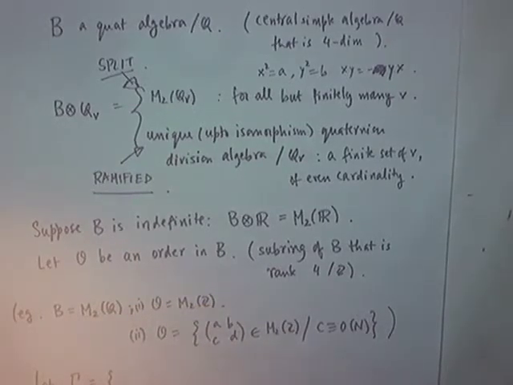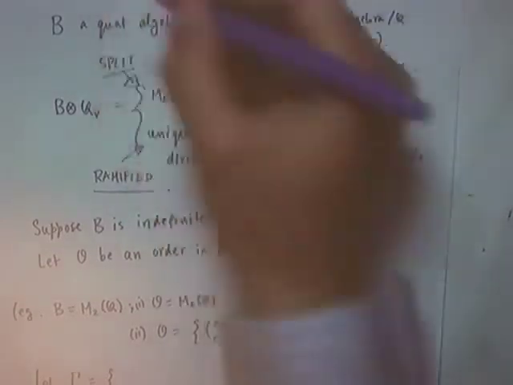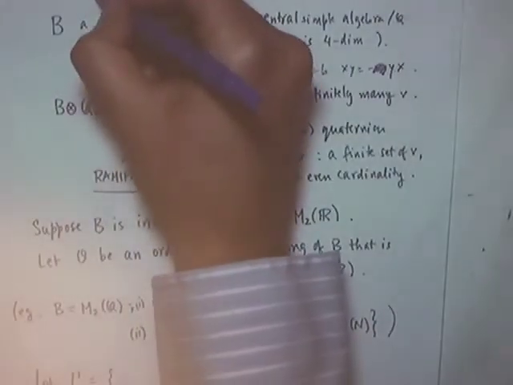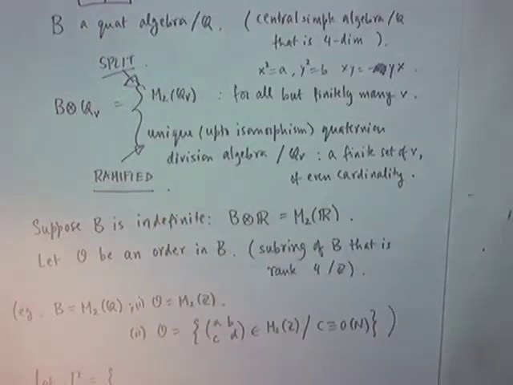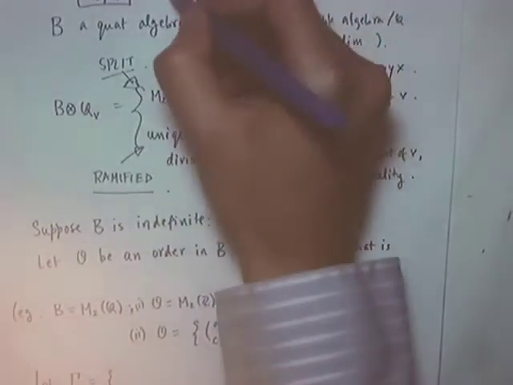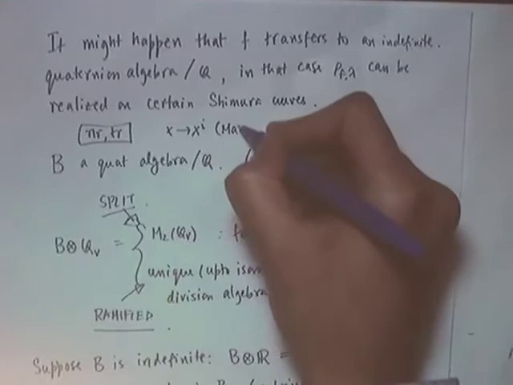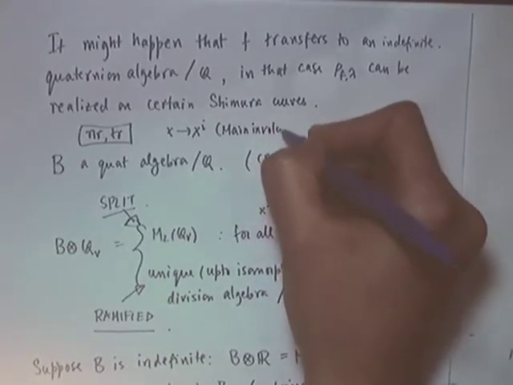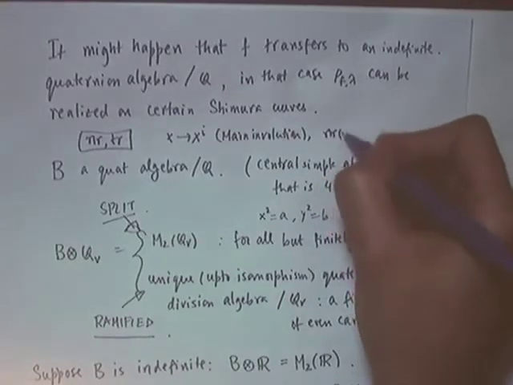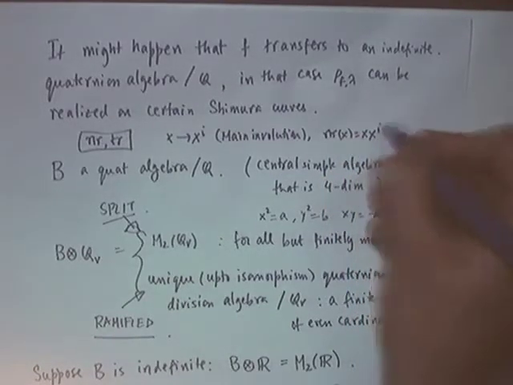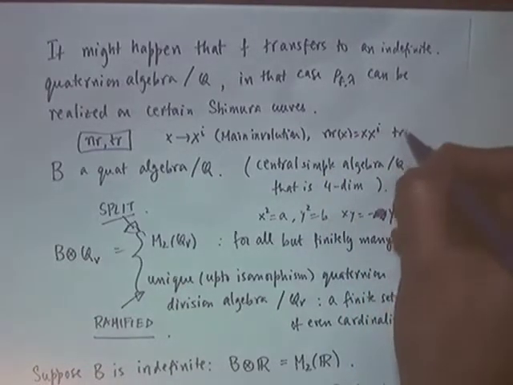I should have said this, but any quaternion algebra comes equipped with a reduced norm and a reduced trace. So in fact, there's an involution called the main involution, and the norm is just, as you might imagine, the product x times x-bar, while the trace is the sum.